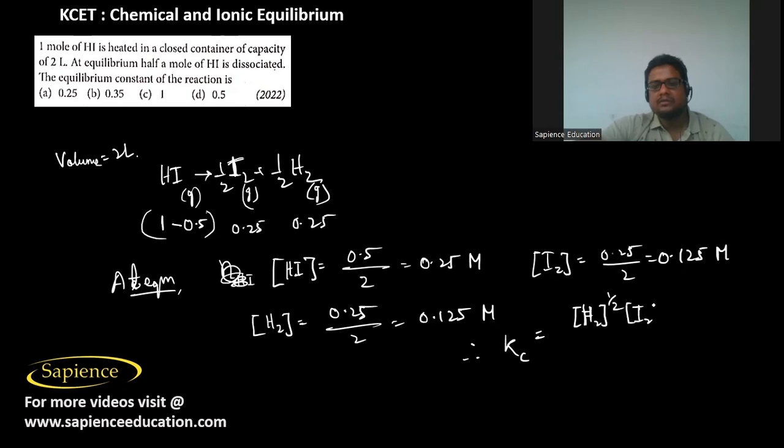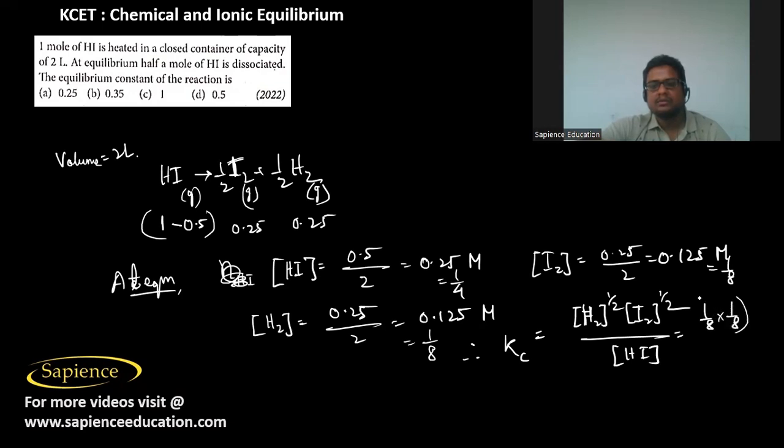Now, the equilibrium constant Kc will be equal to the concentration of H2 whole power half into the concentration of I2 whole power half divided by the concentration of HI. So that will be 1 by 8 into 1 by 8 whole power half divided by 1 by 4.